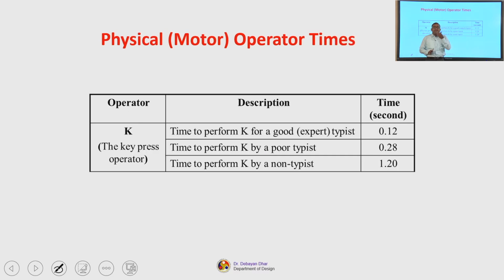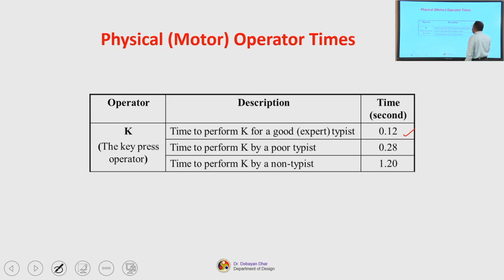Okay? Let us now see some of the average times that have been considered for the physical operators. For example, operator K, time to perform K for a good typist is 0.12 seconds. You have to keep this table in order to calculate how much time is required for a particular user type to complete the task.